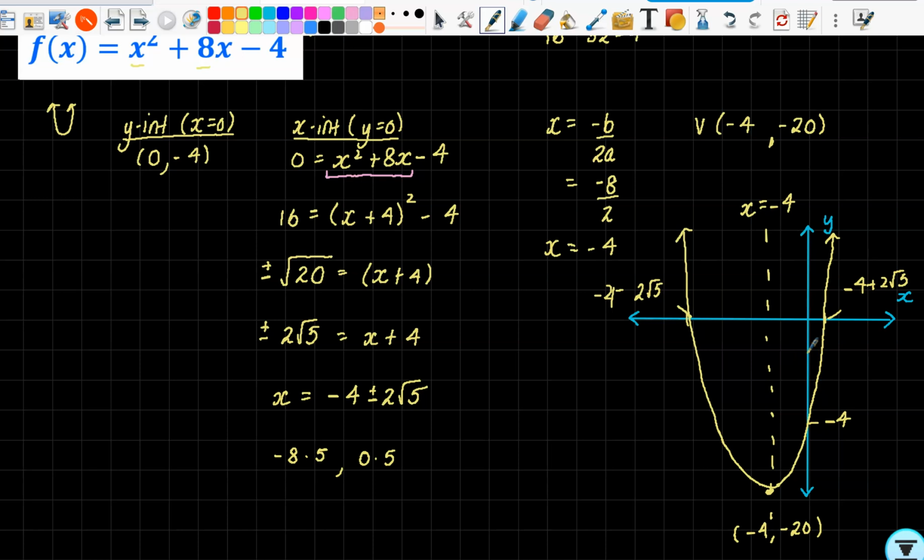So there you go: sketching quadratic functions given to you in 4 different forms. We can use the quad formula, the vertex formula, completing the square, and of course factorizing. Hope that helps.